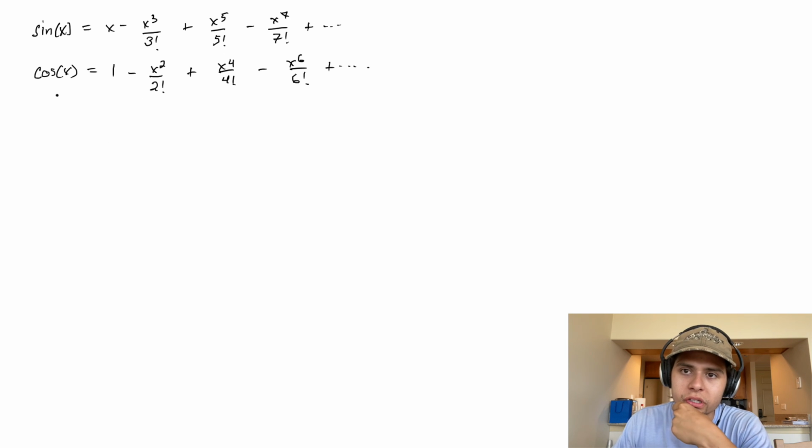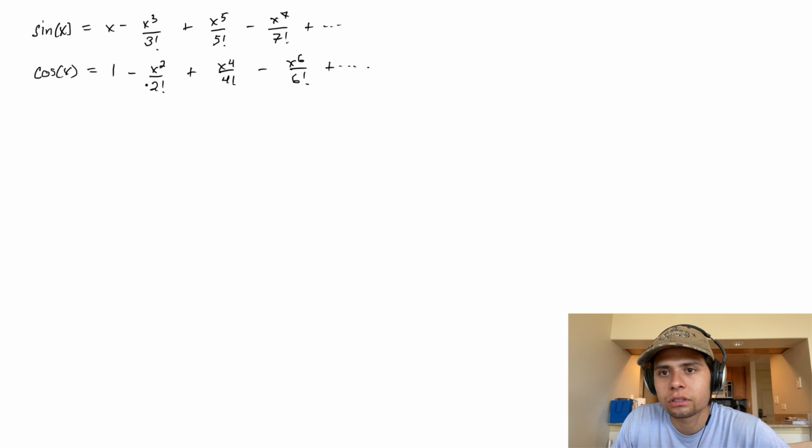Again, this is it for the cosine, right? And the only difference here is that we're working with even values in the exponents and in the denominators, and they're the same there.